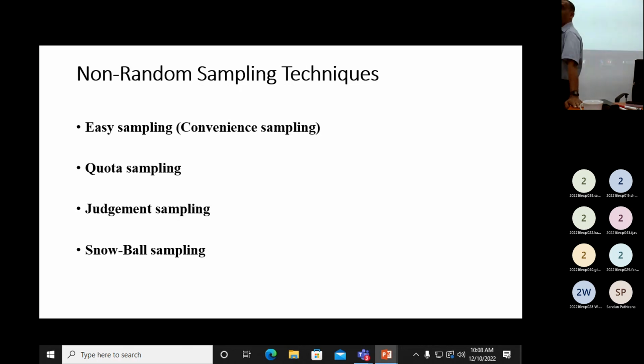Right, next is quota sampling. Quota. In quota sampling, also appropriate for large area studies. What we do, we appoint several researchers, several people. Each person is given a quota.